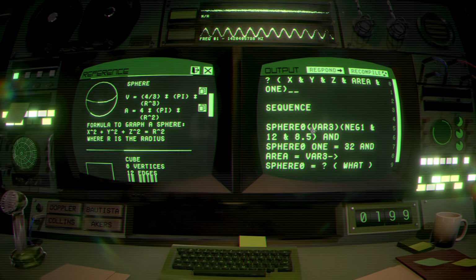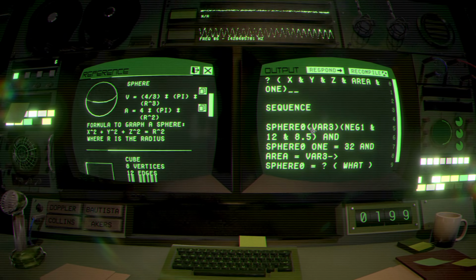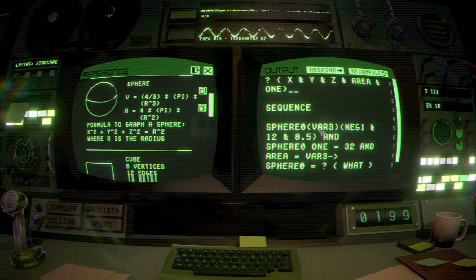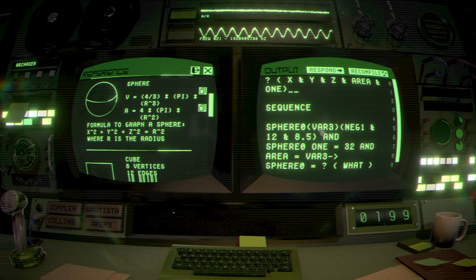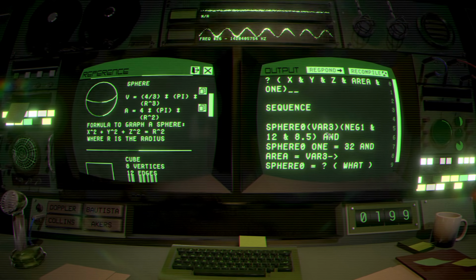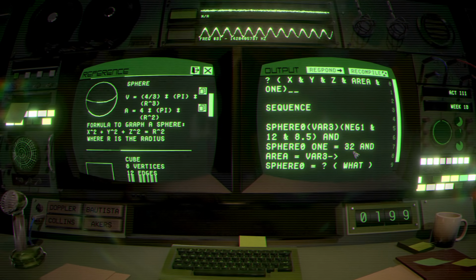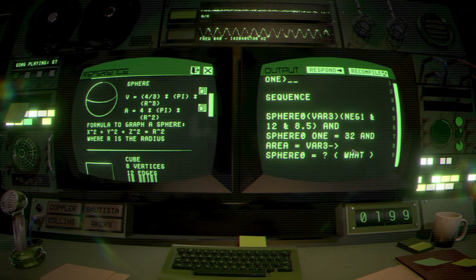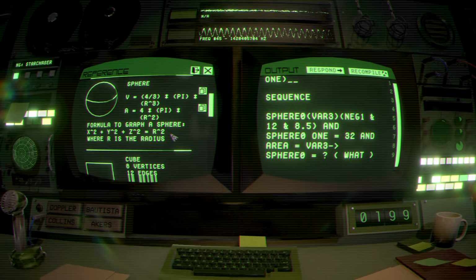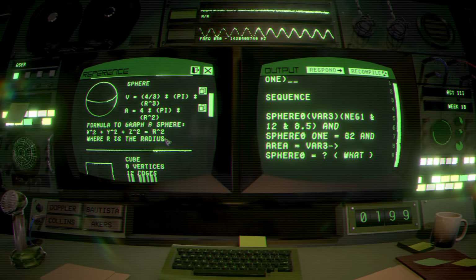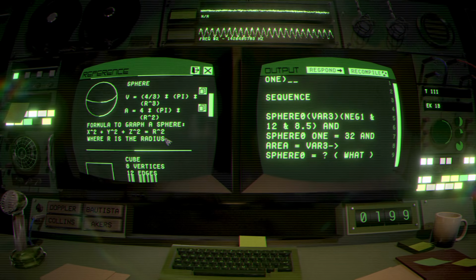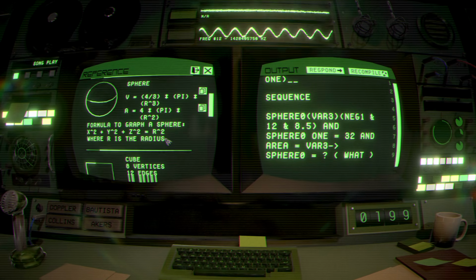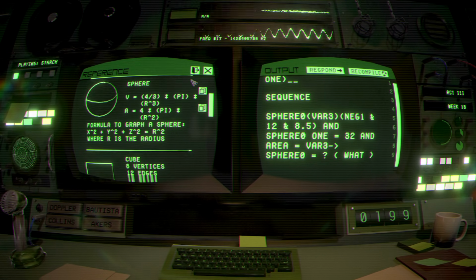Okay, so sphere 0, variable 3. All right, so let's work backwards first off. We've got X, Y, Z. Have we named radius yet, or have they just told us radius?